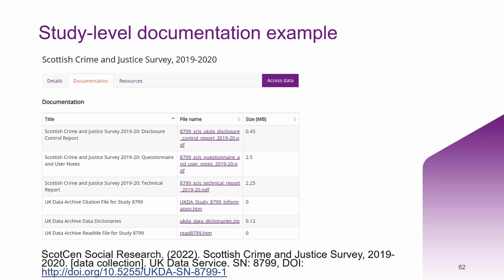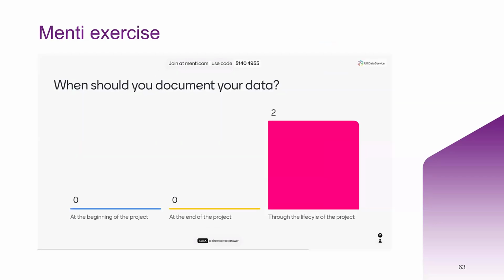So it might not be possible to provide as much documentation as these large-scale governmental surveys are able to do, but we should still be able to provide some information about how we controlled for disclosure, what was the questionnaire that we used, how should others use the data, are there any limitations when it comes to data usage and so on.